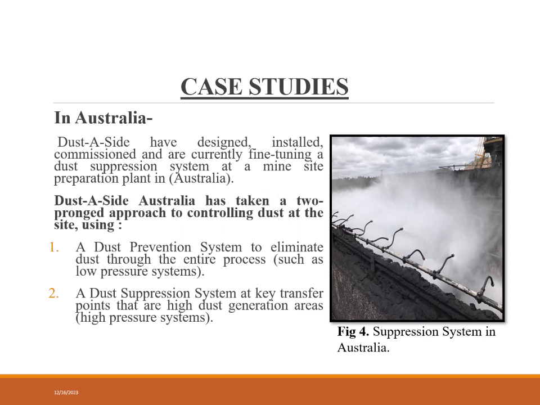First, a dust prevention system to eliminate dust through the entire process, such as low pressure systems. Second, a dust suppression system at key transfer points that are high dust generation areas, a high pressure system.